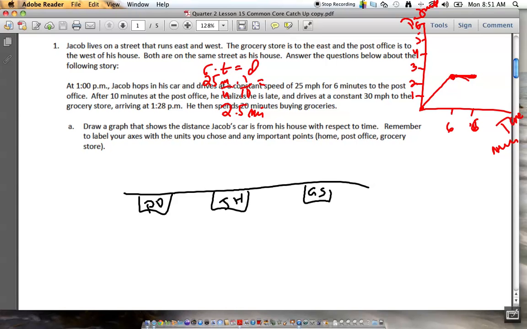So then we're at 16 there, and then it says he drives 30 miles an hour to the grocery store, arriving at 1:28 p.m. So again, rate times time is distance. He drives 30 miles an hour, and this time he drives for how long here? Arrives at 1:28, so that's 12 minutes. 12 minutes is what part of an hour? 1/5, right?